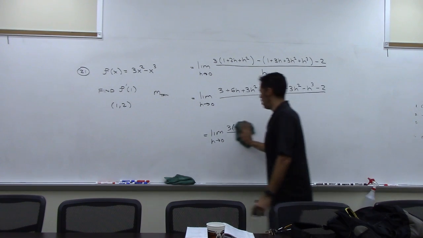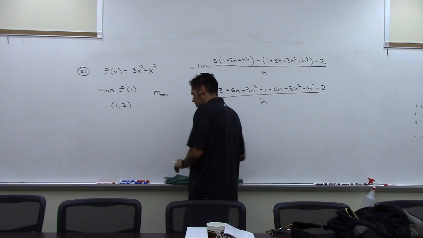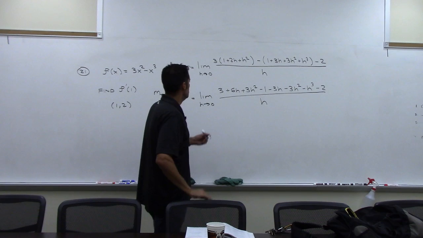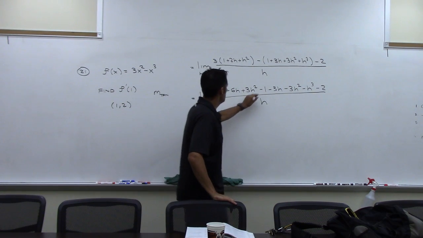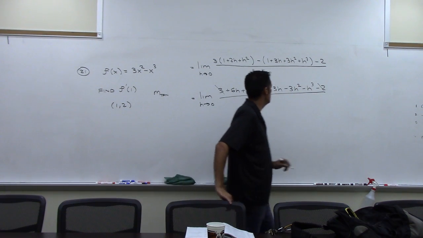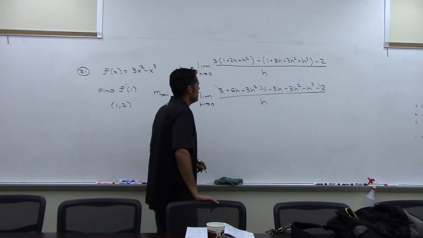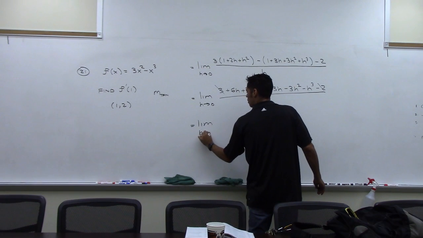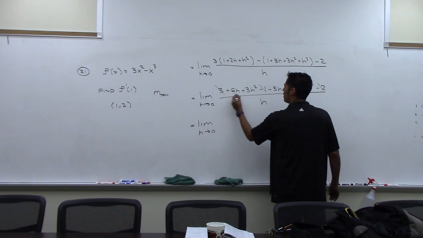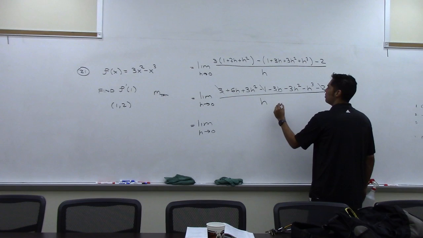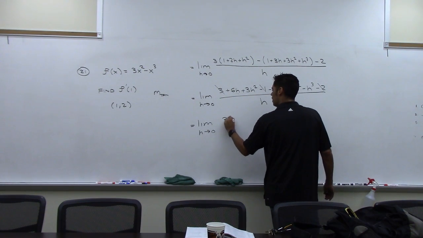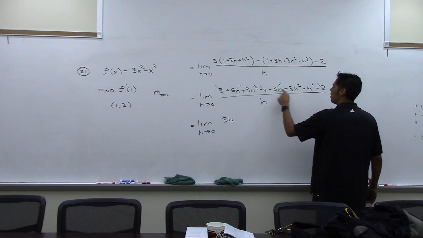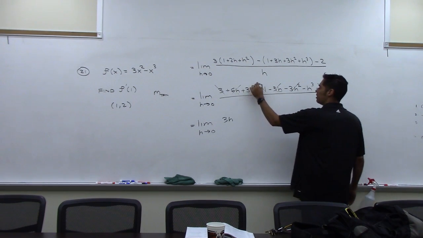All right, and I'm hoping that everything's going to go away except stuff that has h's in the numerator. So if we do 3, take away 1, take away 2, that's gone. And everything else has an h. So equals the limit as h goes to 0. Let's see how many h's I have. 6 h's, take away 3 h's. That leaves me with 3h. 3h squared minus 3h squared, oh, those are actually gone.